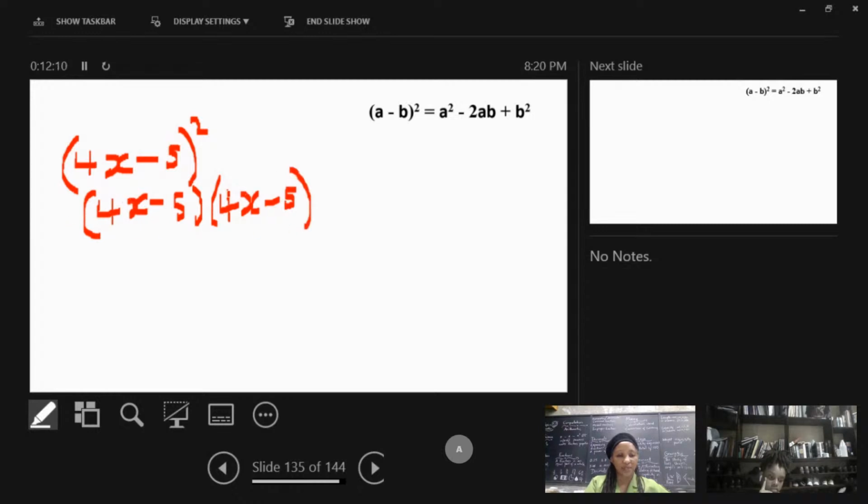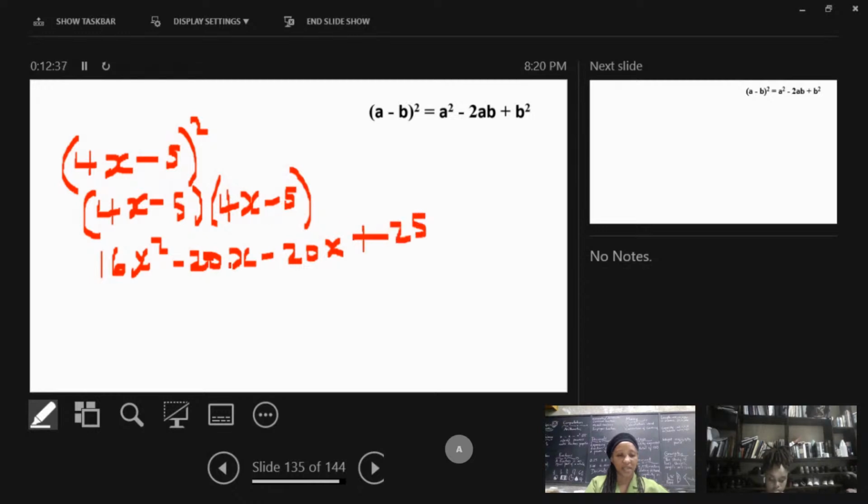So 4x times 4x is 16x squared. 4x times negative 5 is negative 20x. And negative 5 times 4x is negative 20x. And negative 5 times negative 5 is positive 25.